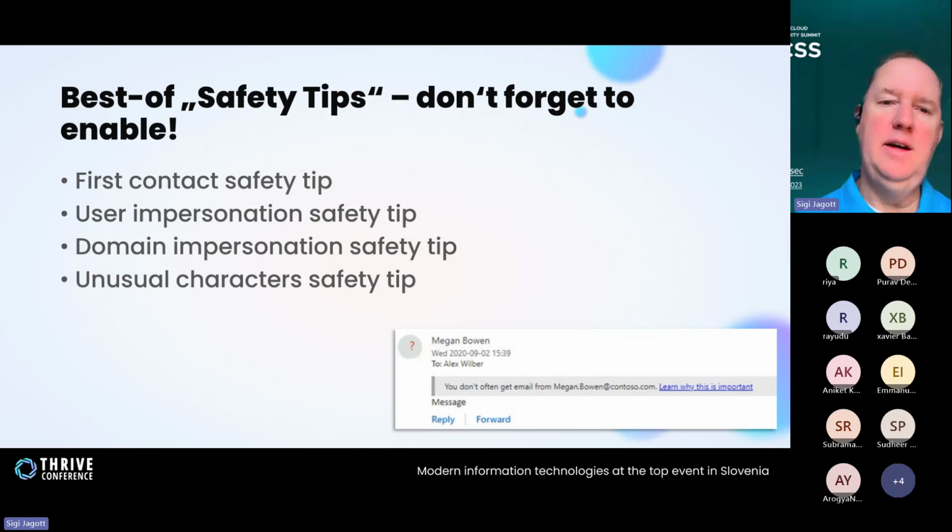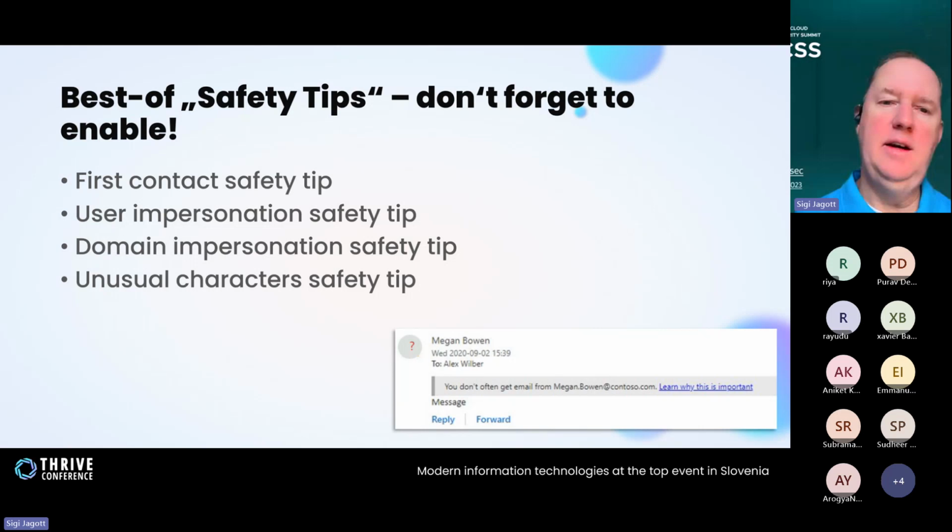You can turn on the user impersonation safety tip and the domain impersonation safety tip. And I recommend the unusual character safety tip. Unusual characters are like for an S, it's a dollar sign maybe, or an E is an exclamation mark or something.